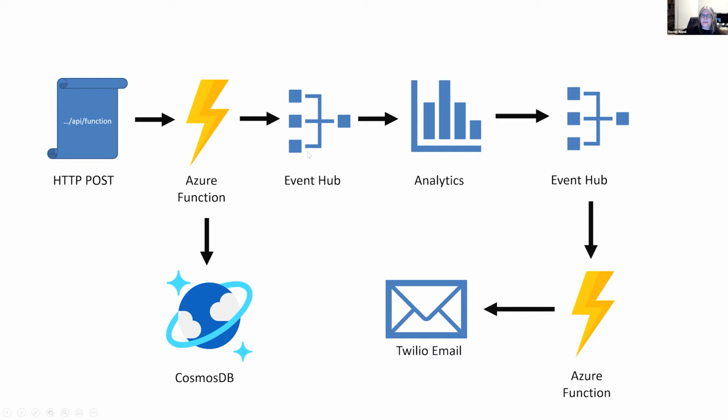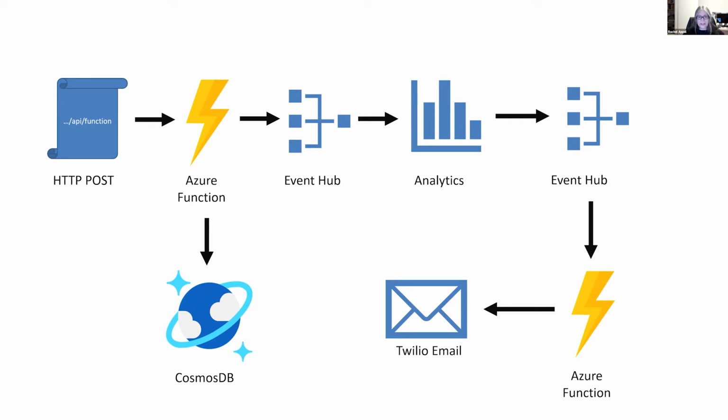But also it takes that data and sends it over to an event hub, which then, once that happens, I can say anytime a piece of data hits this event hub, have analytics run, right? And then after analytics run, I can have another event hub automatically pick that up again. And then maybe that triggers another function, which then sends an email to say that we're done. But the point of this slide is you can see you can mix and match things.